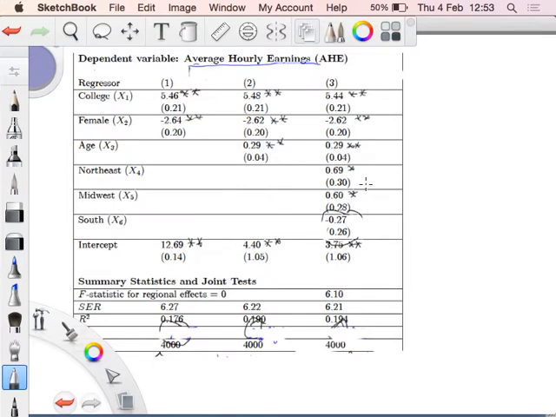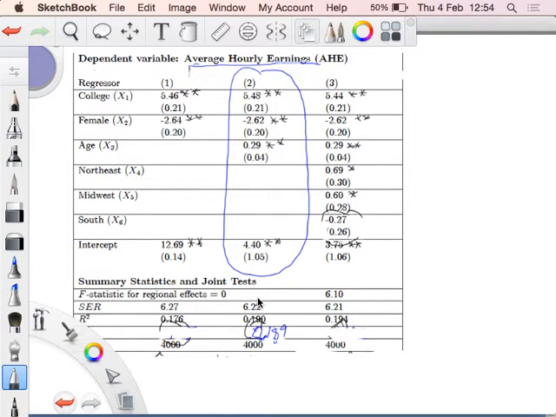So we're looking at the second column now. It's a bit longer model now. We added age extra. We calculated this is 0.189.